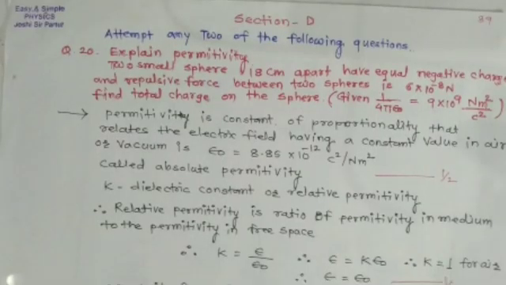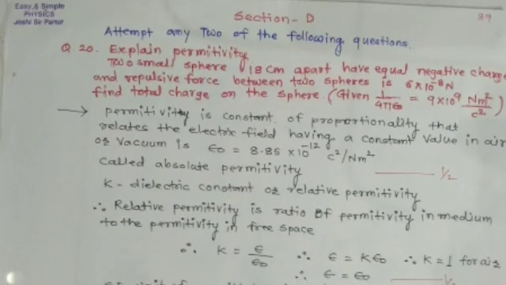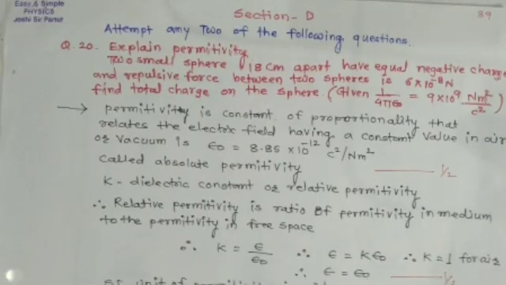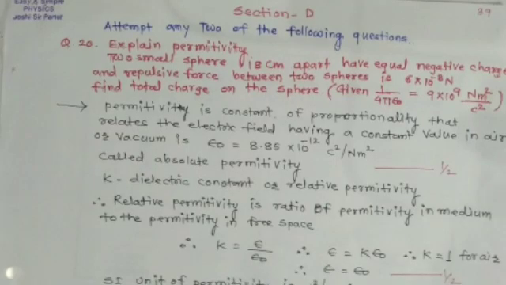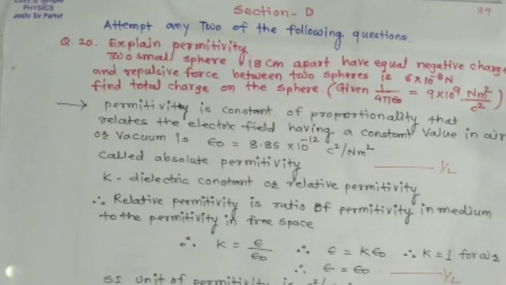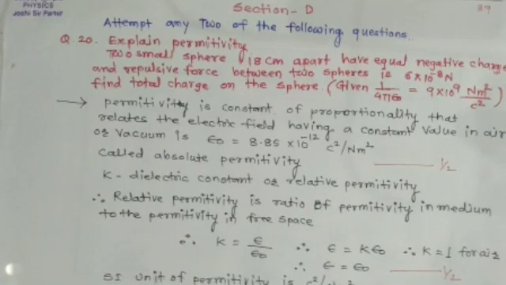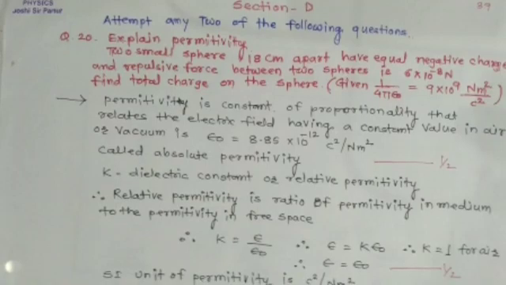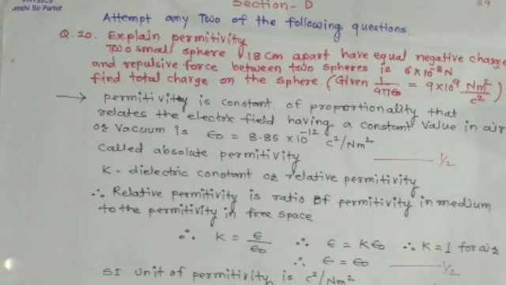We have seen section C. Now section D. Attempt any two of the following questions. So question number 20. Explain permittivity, and a numerical is given. Two small spheres 18 cm apart have equal negative charge and the repulsive force between the two spheres is 6 into 10 raised to minus 8 Newton.